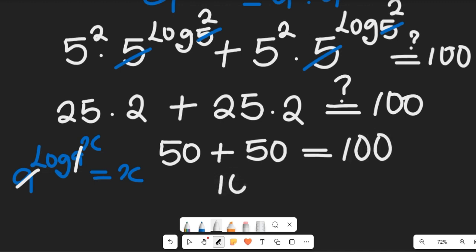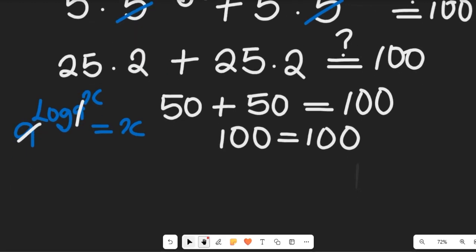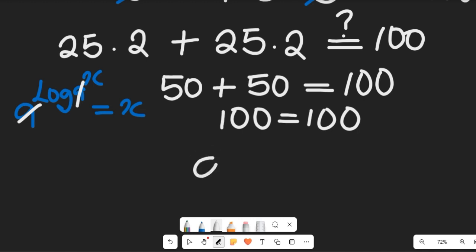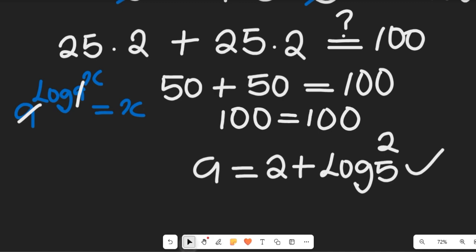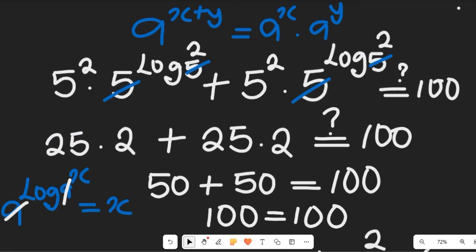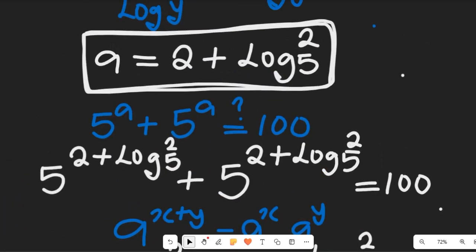So 100 is equal to 100, which tells us that the value of a equal to 2 plus log of 2 base 5 is the rightful solution to that math expression given to us up there.